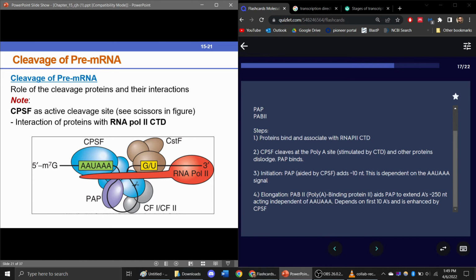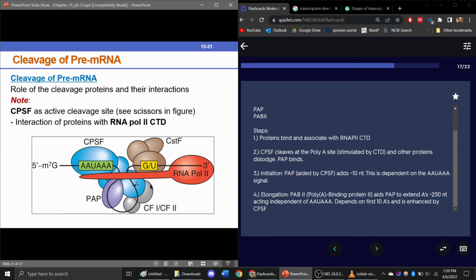After you have your proteins associating with the CTD, your CPSF, the cleavage and polyadenylation specificity factor, is what's going to cleave, and it's stimulated by the CTD right there at the polyadenylation site.